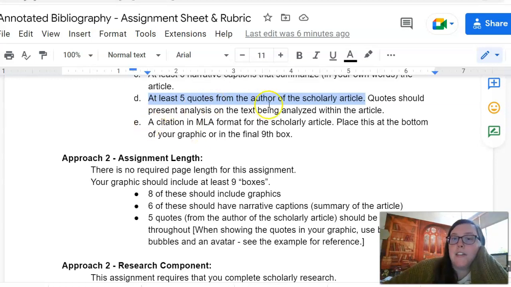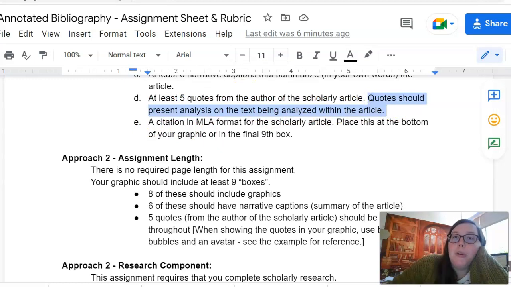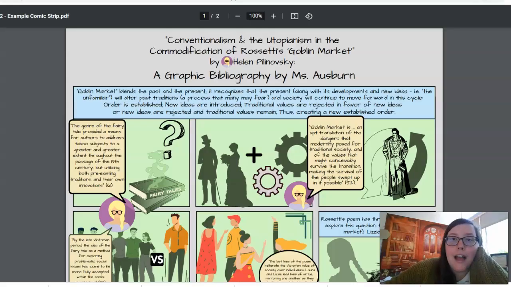Quotes should present analysis on the text being analyzed within the article. I also find that when you're putting your graphic bibliography together, having a little avatar for your author every single time helps give that visual that, hey, these are not my ideas, these are the author's ideas of this scholarly article. You'll want to make sure you put them in quotation marks.